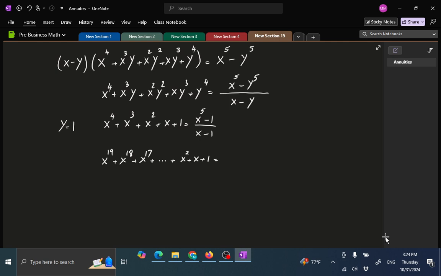Well, here are 20 terms to add. Is there a shortcut to doing this addition other than really finding all of these things and adding them up? Well, yes, it happens to be x to the power of 1 exponent larger than this, 20 minus 1, and then x minus 1. Expressions like this are referred to as geometric series.